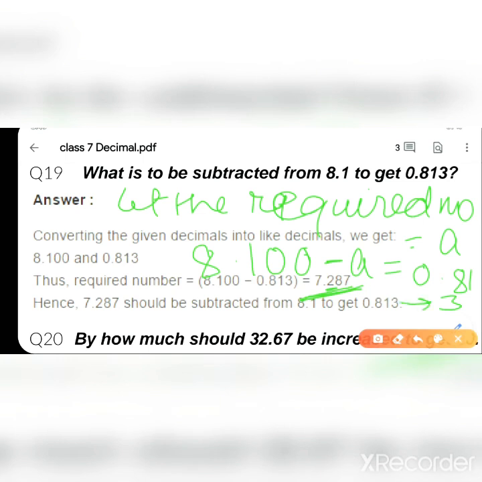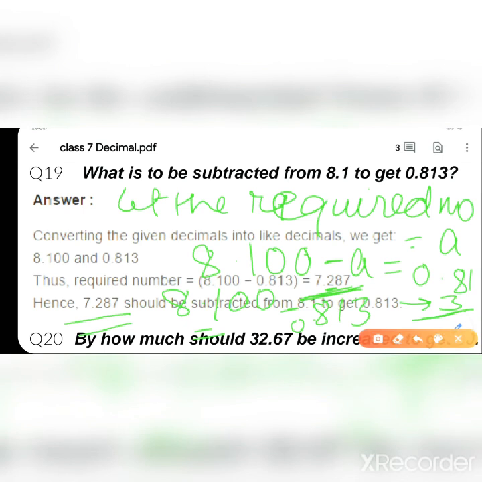And the 0.813 here would be negative, as it is positive here. No sign means positive number. So you just need to subtract 0.813 from it, and the answer would be same in all the cases.